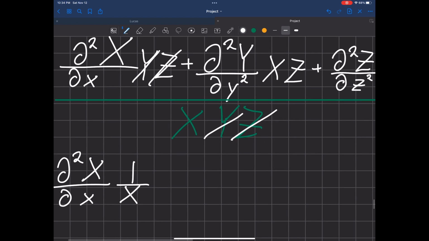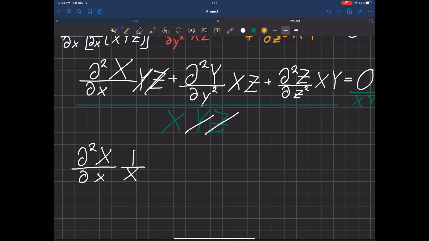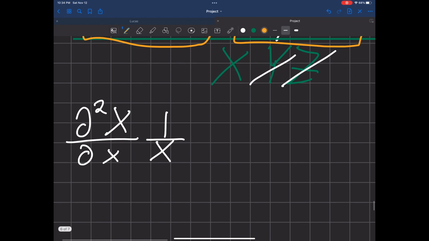We wanted to show how we could write each of these components not with respect to each other. We don't want this X here and this Z here for our Y component. We want all of this stuff to be separate, hence the name separation of variables. So that's why we're dividing by this whole thing, by the X, the Y, the Z. After doing it, it's like, oh, that makes perfect sense. Personally, I never would have thought of that, but it makes sense why we're doing it.